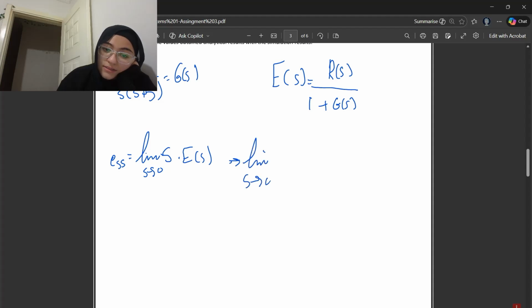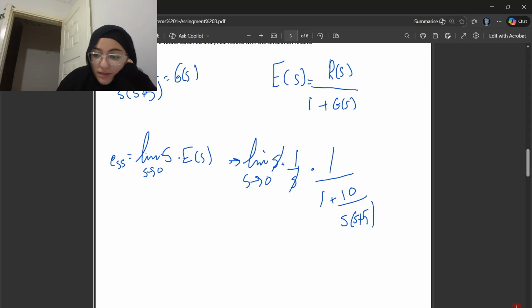Limit s to 0, s multiplied by 1 over s, multiplied by 1 over 1 plus 10 over s, then s plus 5.